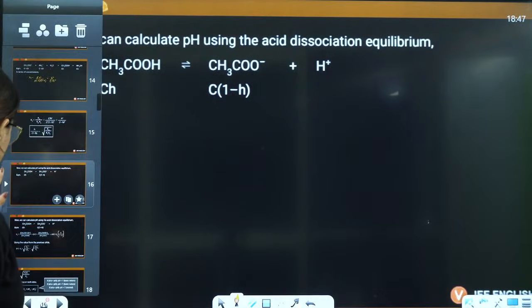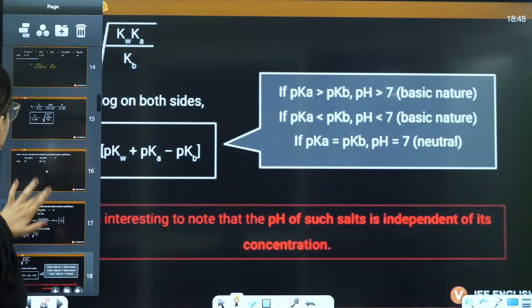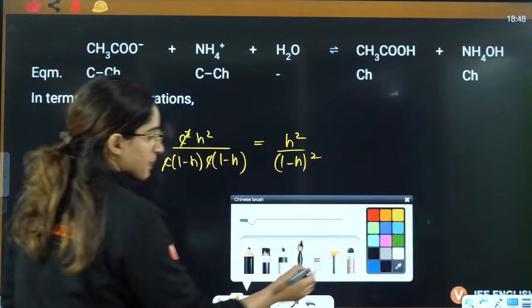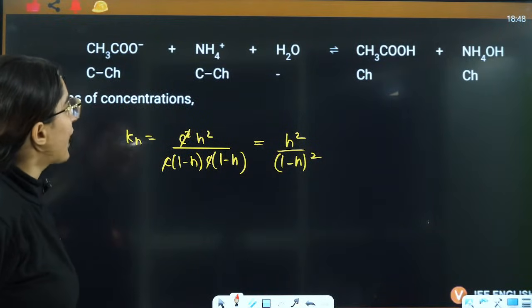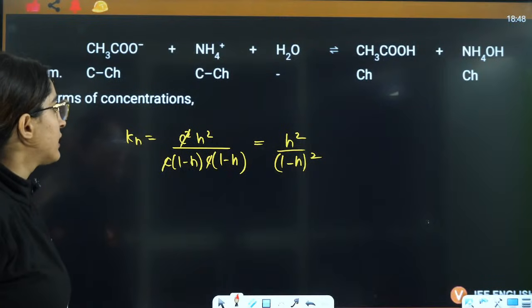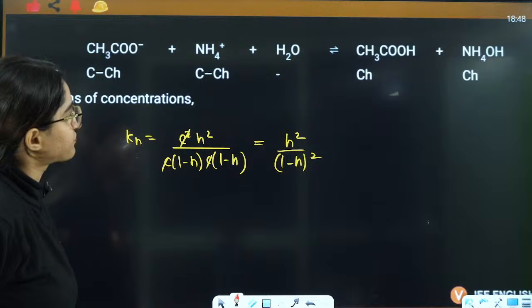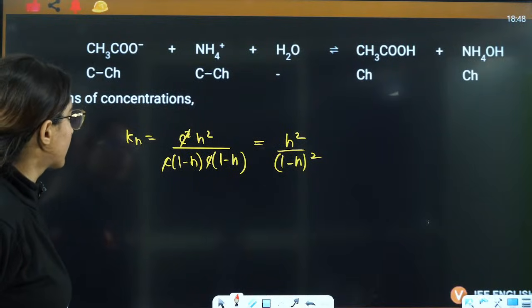Wait a minute. This is actually not the way we are doing it, it is actually very nice. What I need is to calculate the value of H here, that is the degree of dissociation, because only then will I be able to calculate the other things.